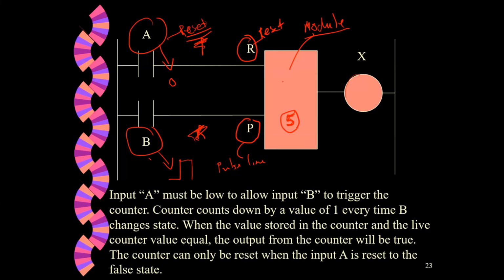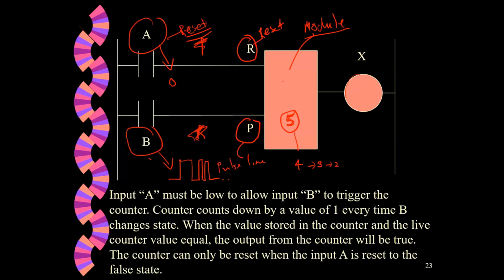The value here will become 4. From a 5, it will drop to 4 every time B comes on. Then B comes again for a very short time. Doesn't matter, it becomes 3. Then another pulse, 2, and it keeps going.